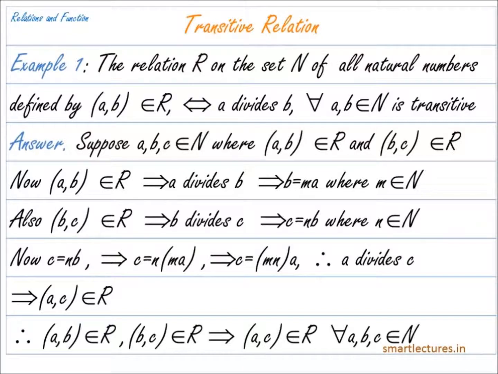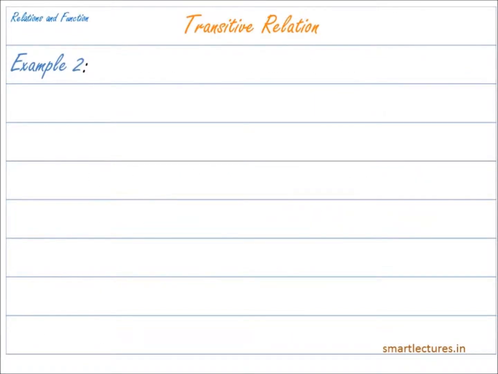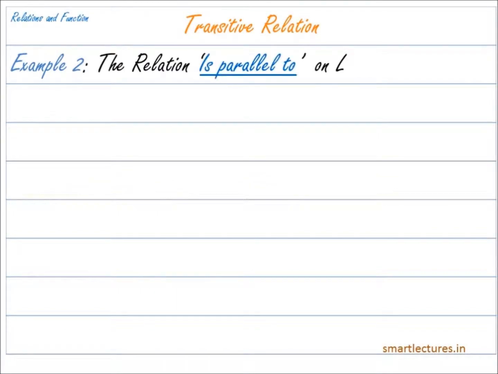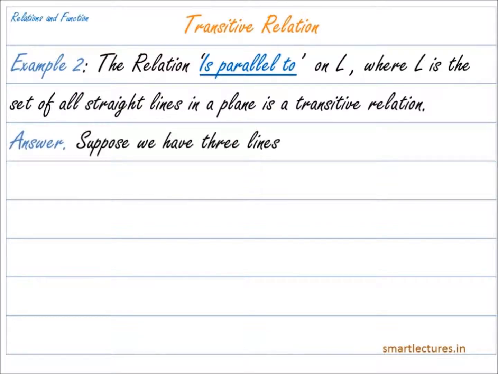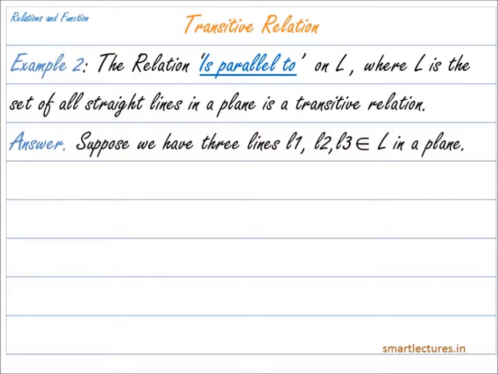Now let's do one more example. The relation is parallel to on L, where L is the set of all straight lines in a plane, is a transitive relation. Suppose we have got three lines L1, L2, L3 which belong to L in a plane.